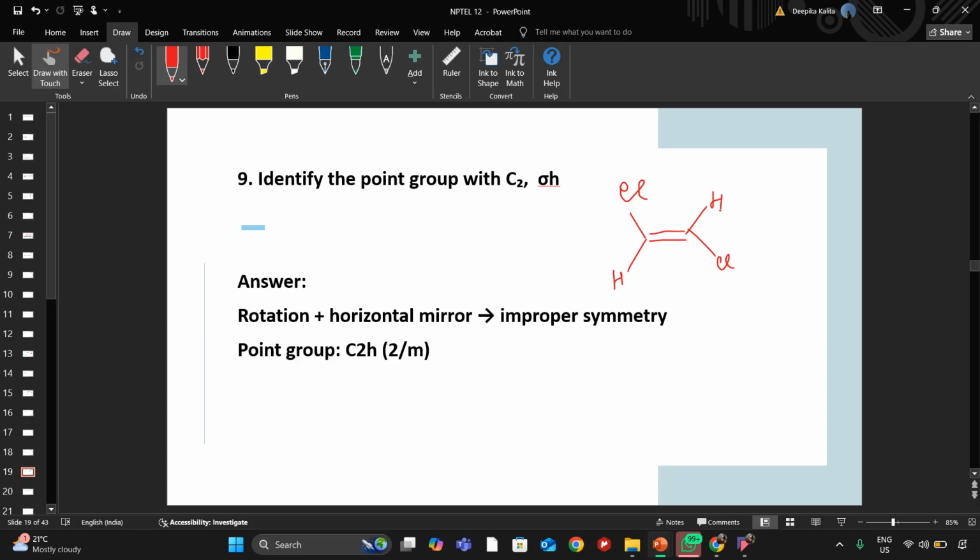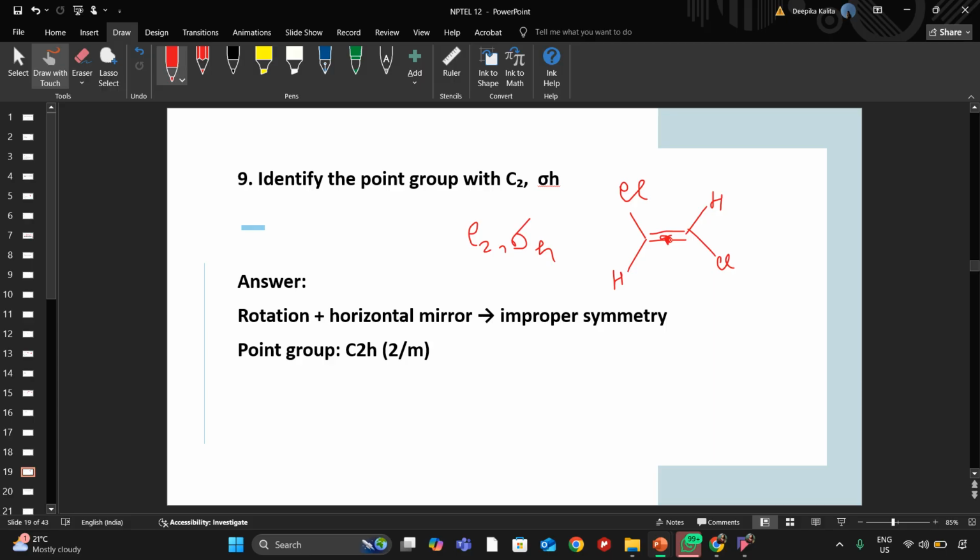We have trans-1,2-dichloroethene here, and this is going to have a C2 axis of symmetry along with sigma h plane, which will be perpendicular to the C2 axis of symmetry, and C2 is going to pass through this midpoint, which will be perpendicular to the plane of the screen.